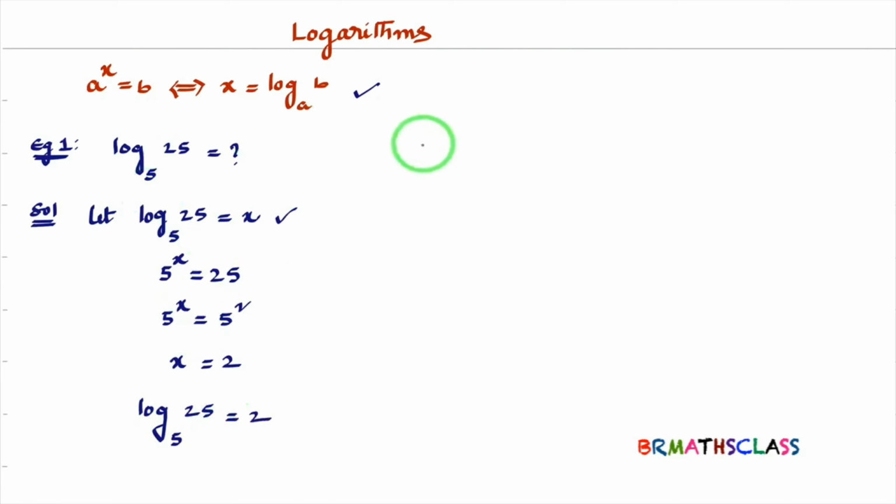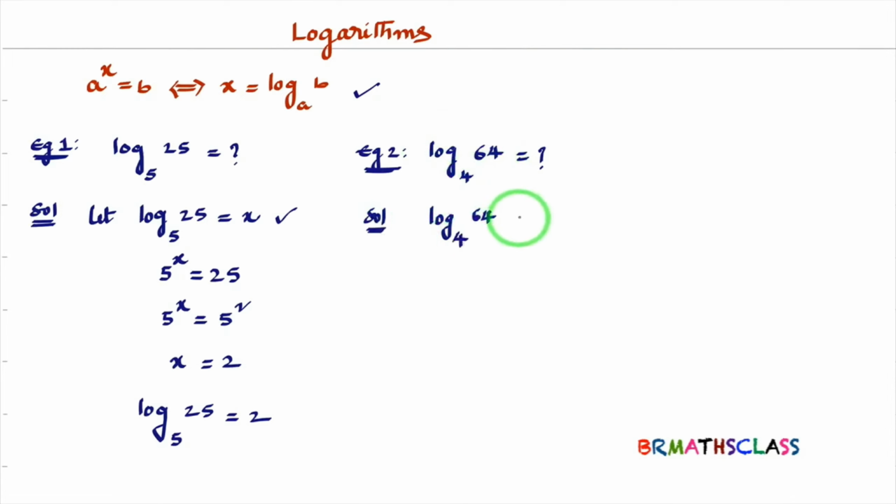Okay, now we'll try to understand this with one more example. Suppose you want to calculate logarithm of 64 base 4. How will you calculate? First, I'll consider this as x.